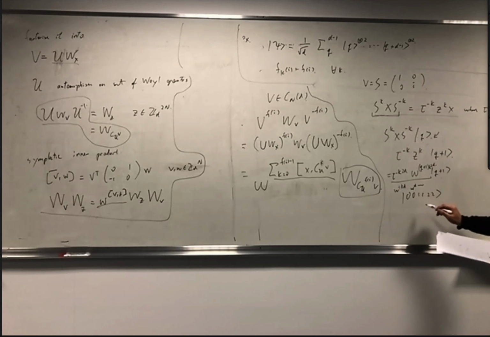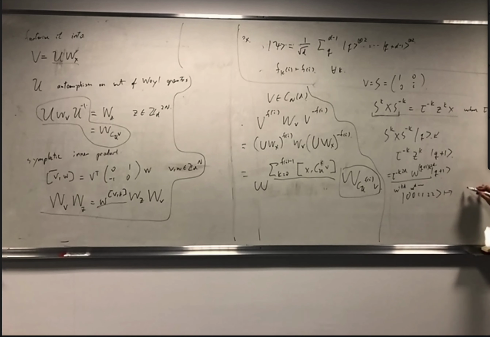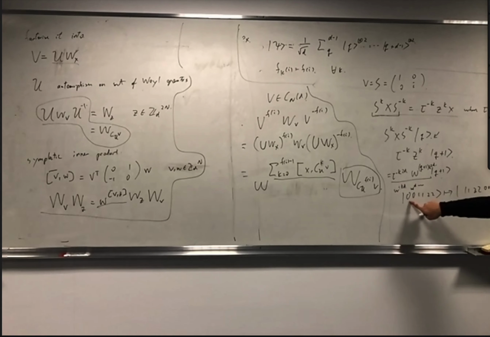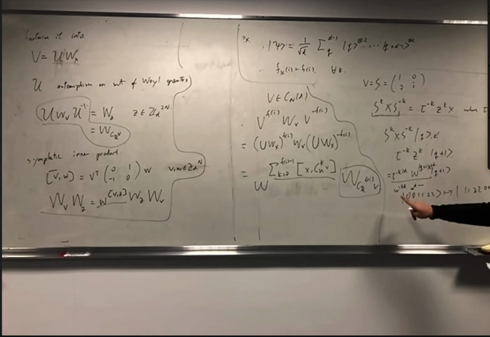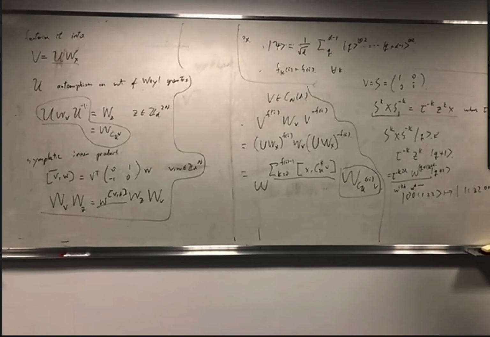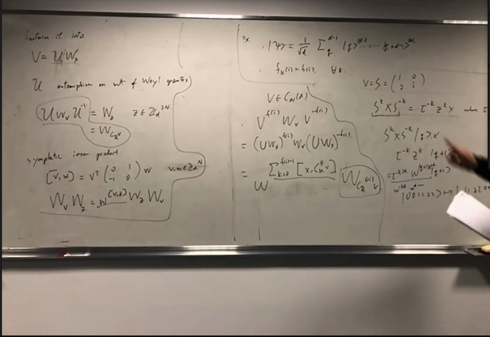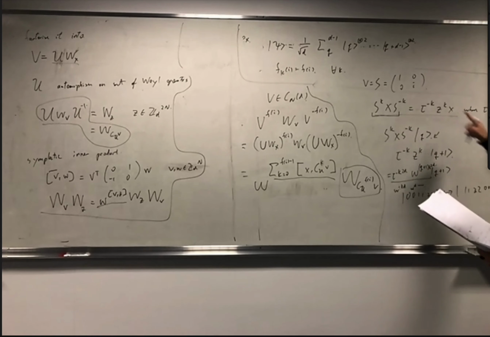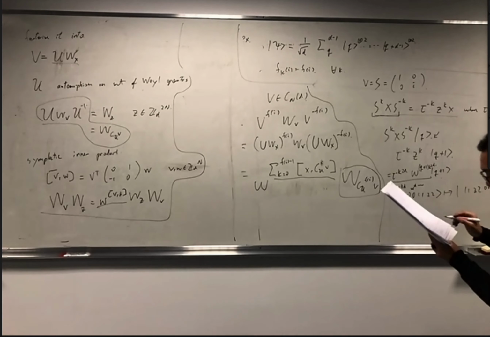So it goes to 1, 1, 2, 2, 0, 0. You see how it stabilizes the state. Basically, you add 1 to everything, and the scalar will be 1, because for every qubit you have some constant, but you raise it by multiples of the number of qubits, so the constant will be 1. Therefore, we can stabilize the state, and we have such an equation.